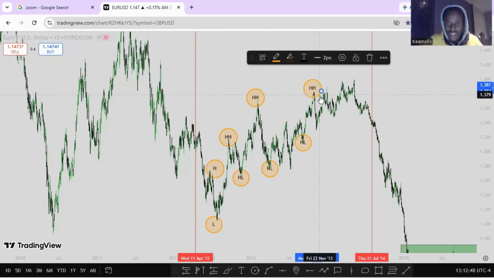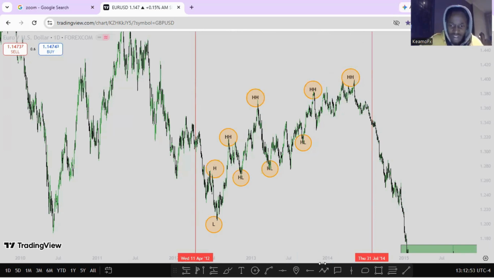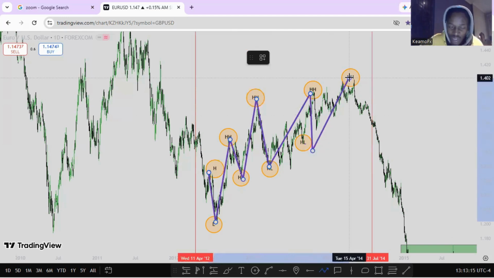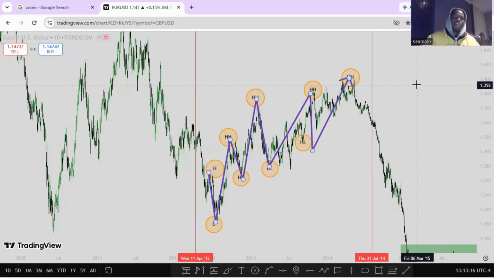There's a higher high. Where's the next one? This high is higher than the next. So for me, this is enough confirmation to know that we are in a what? We are in a buy trend. So we have this, this, this. You see, so the market is not too complicated, guys. You just need to understand how the structure is and what confluence you need to look for, right?